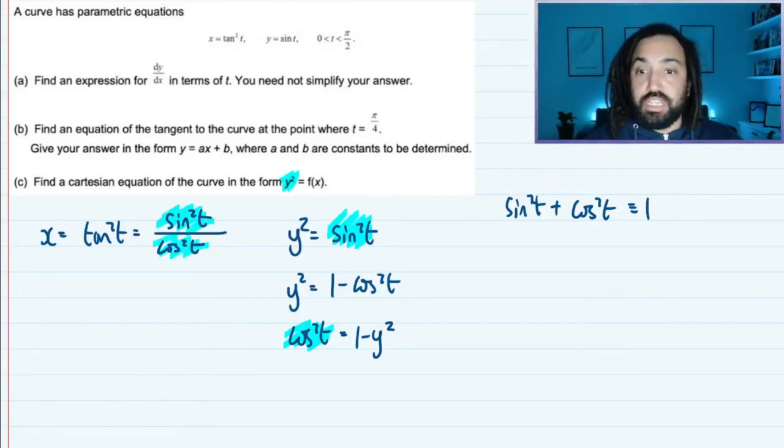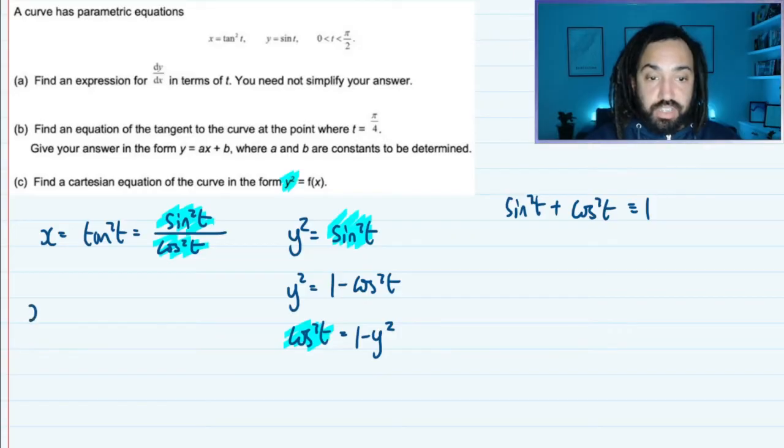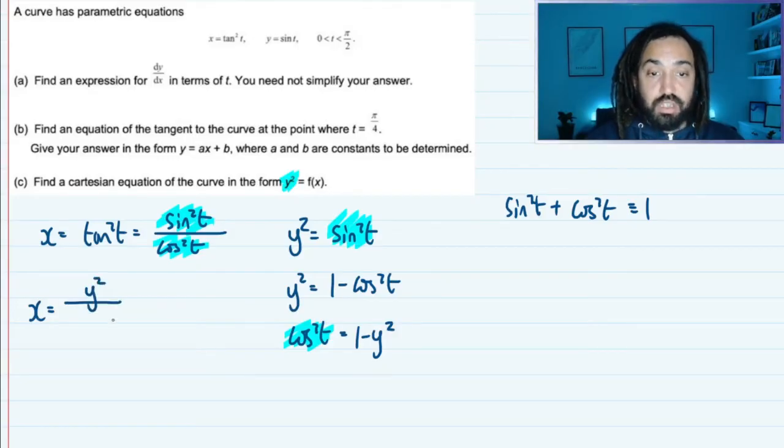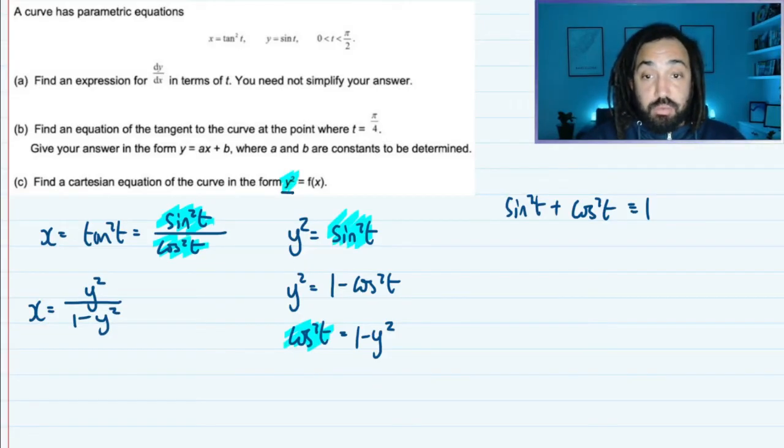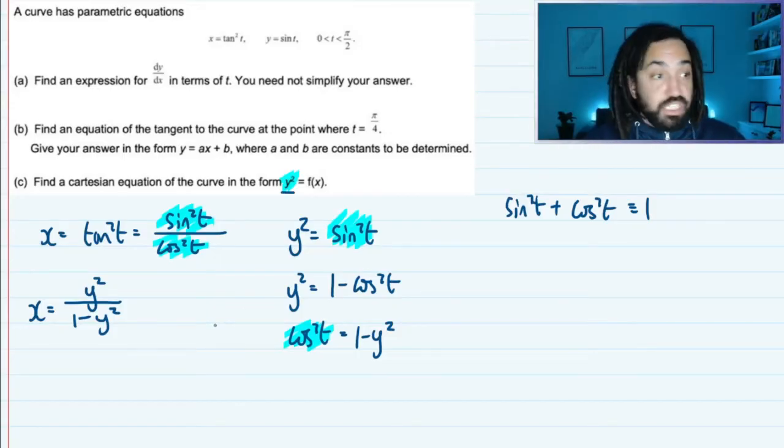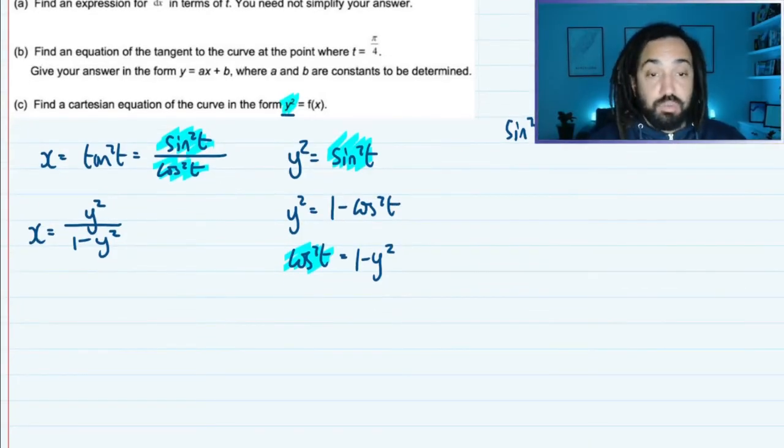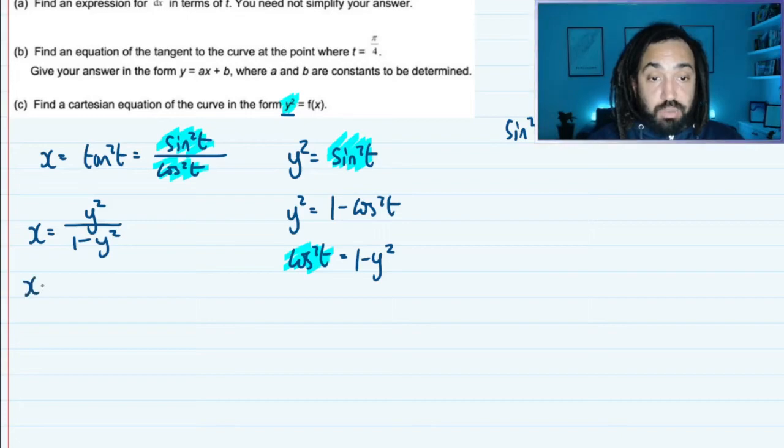So let's substitute into this expression and say that x is now equal to sine squared, which we've said is y squared, over cos squared, which is 1 minus y squared. We need y squared to be the subject, so we're going to have to do a bit of GCSE maths here and just rearrange for y squared. So I'm going to multiply up by that denominator, like so.